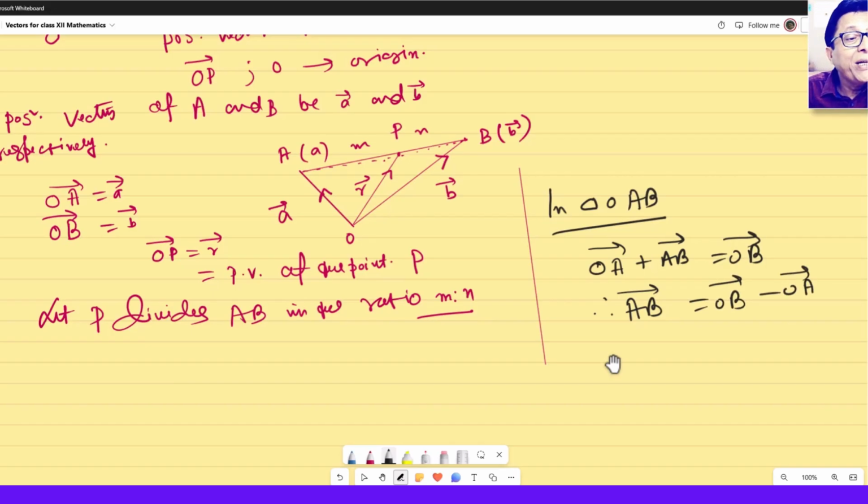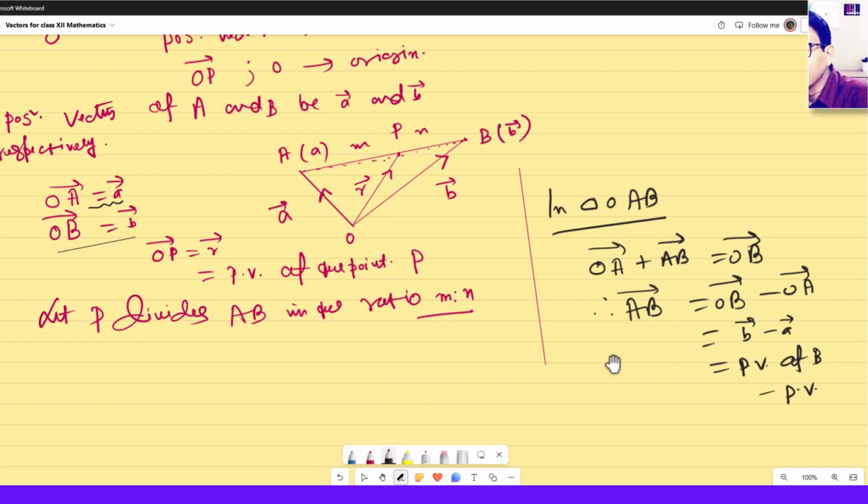What is OB here? That we have taken as the position vector of B. What is OA here? The position vector of A. So we can write this as B minus A, that is, position vector of B minus position vector of A. This second point comes first.